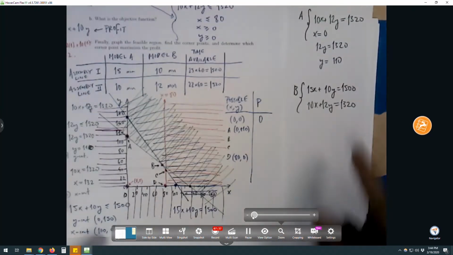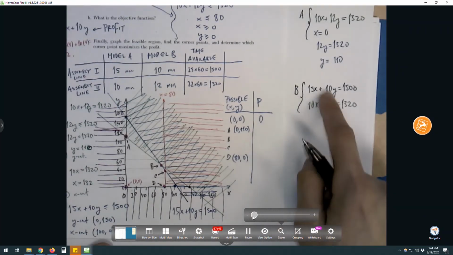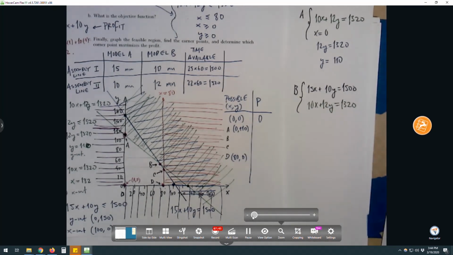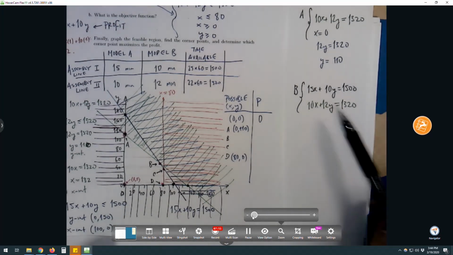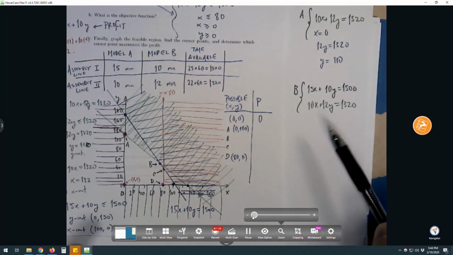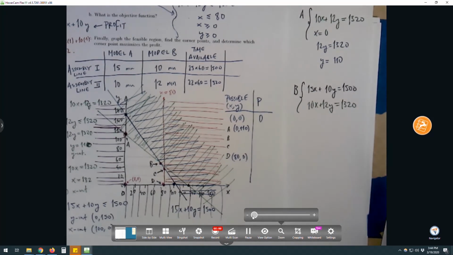Okay, and B is the solution to this. So B is the x and y that satisfies this linear system, okay? And now we have options here. You have your Gaussian elimination, you got your addition method, you can write this as a matrix equation, find the inverse and multiply this part by the inverse matrix. We have options here. There's a lot of things you can do.